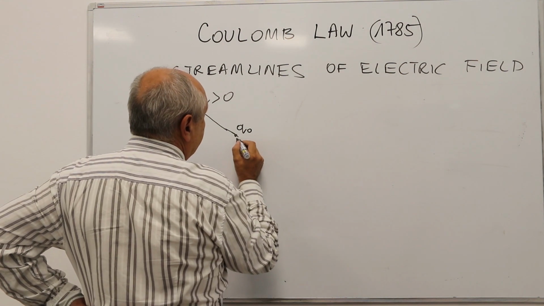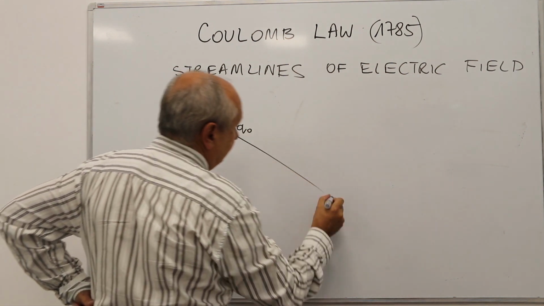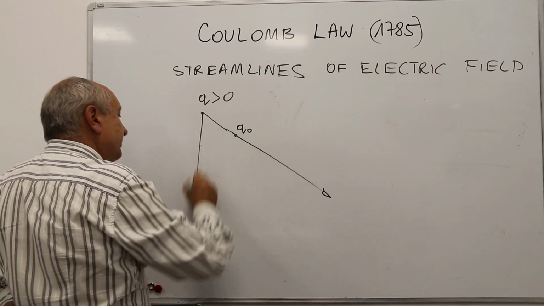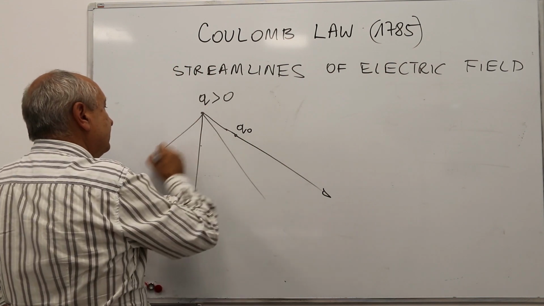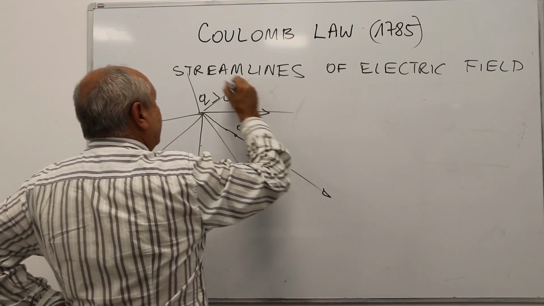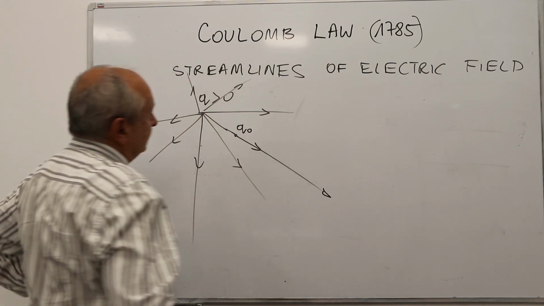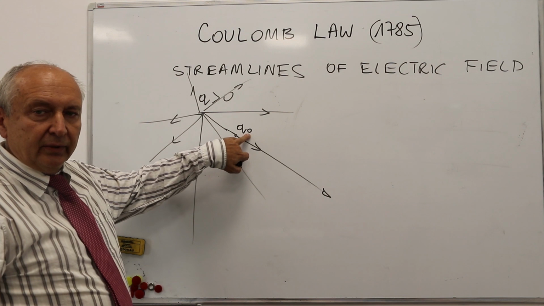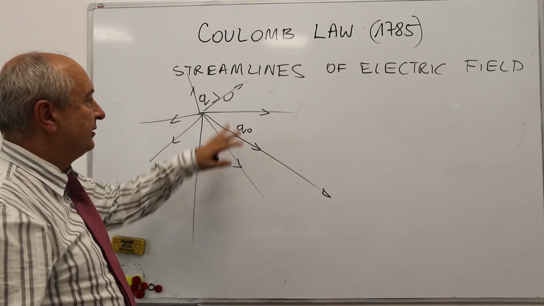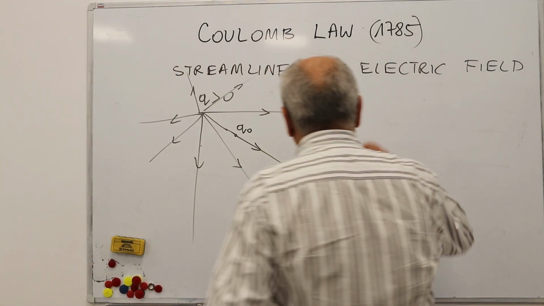It will move thanks to the Coulomb forces in this way. So we can make sketches that show us how Q0 will move. We consider this as the sketches of the field.